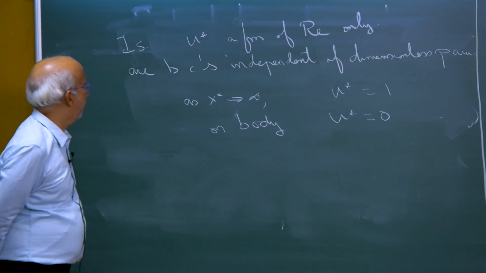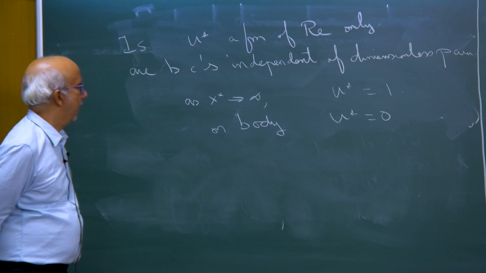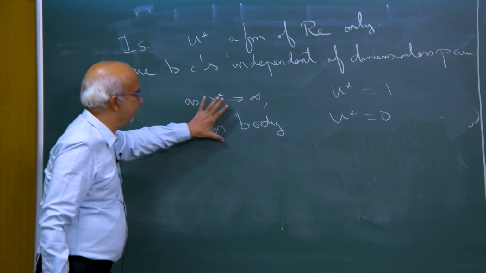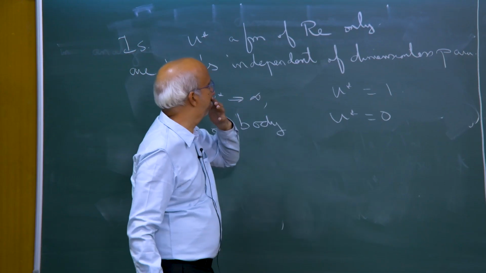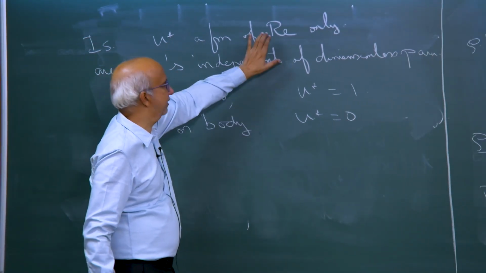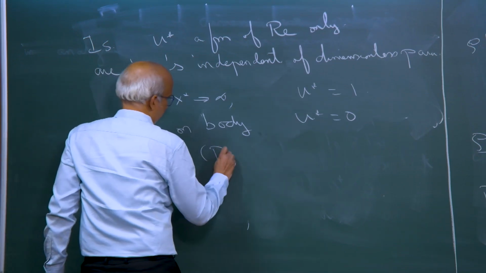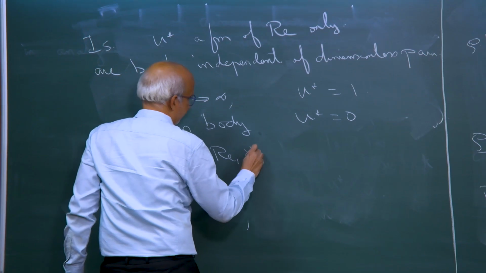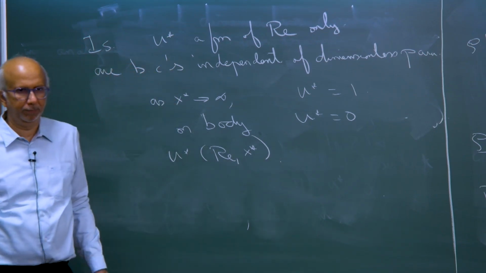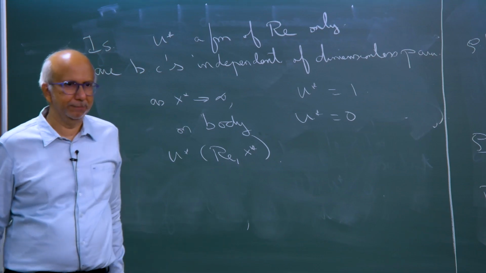Now, because the boundary conditions are independent of any dimensionless parameters, u star is a function only of the Reynolds number and x star, because I am looking at steady state. Now, what about temperature?